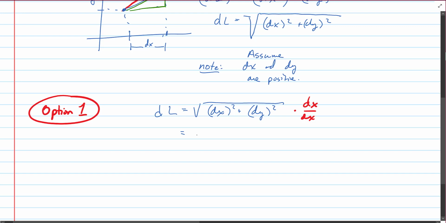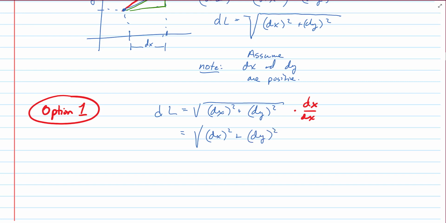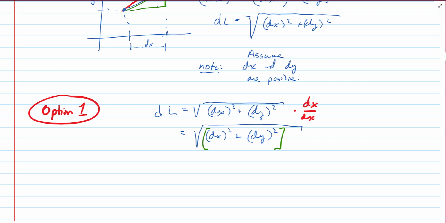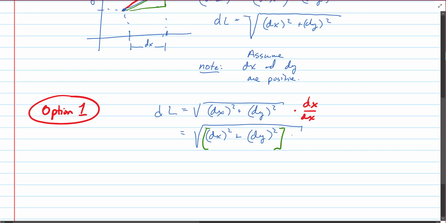So I'm going to bring into the square root one of those differential x's that I just multiplied this by. Let me put a little bracket there. I'm going to bring inside the square root the differential x in the denominator, and because I'm assuming that differential x is positive, I can pass it inside the square root this way and bring it in as 1 over (dx)², leaving a dx sitting outside here.